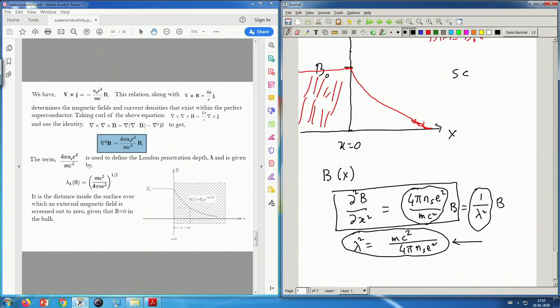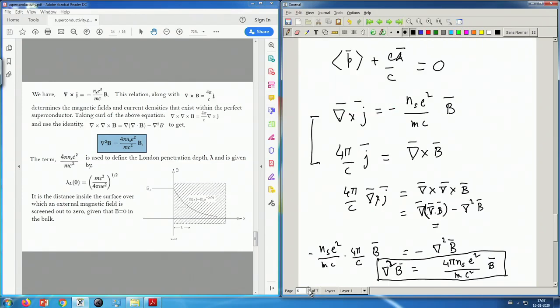The other interesting thing that I was mentioning was the existence of a supercurrent.